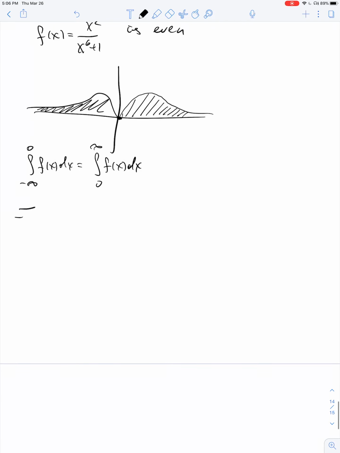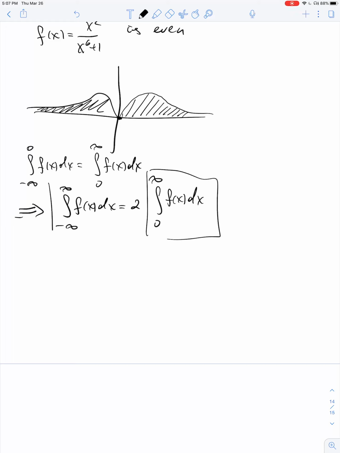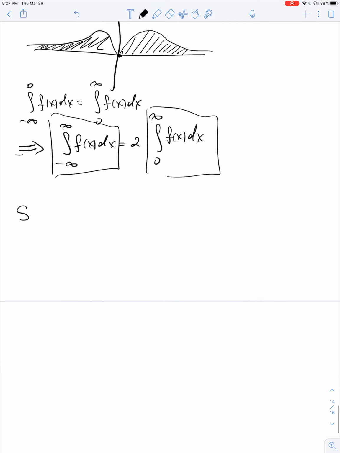And so this implies that if we just integrate from minus infinity to infinity of f of x dx, we'll just need to double this integral. Okay, and therefore to compute this integral, we can compute this integral and then divide the answer by 2. So what we need is 1/2 times this.